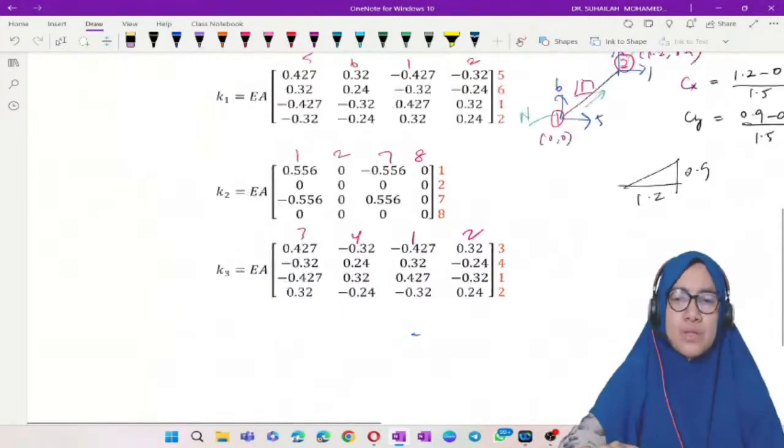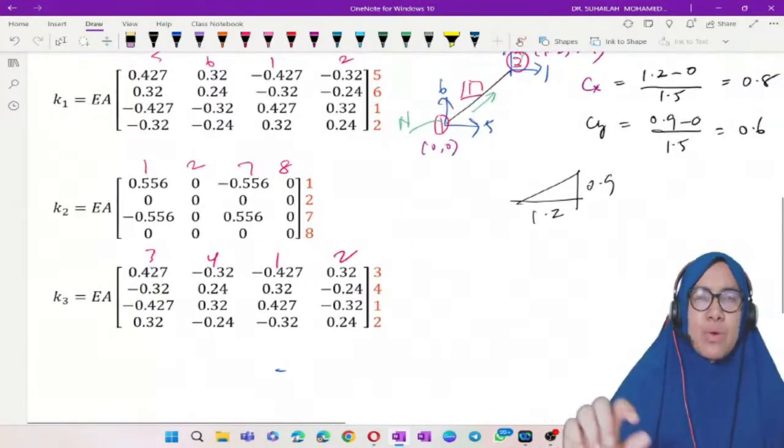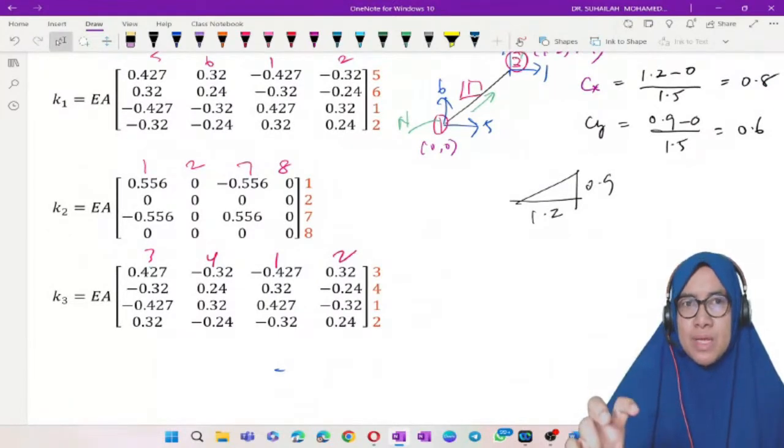Okay, now we should combine to have the stiffness matrix.